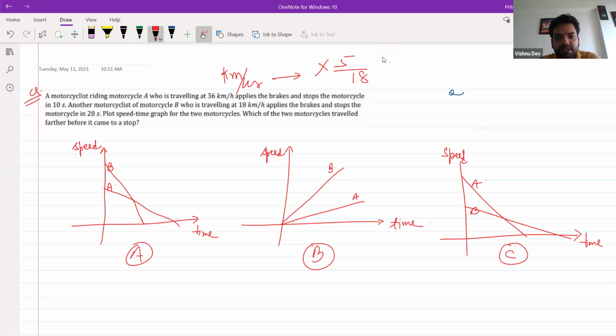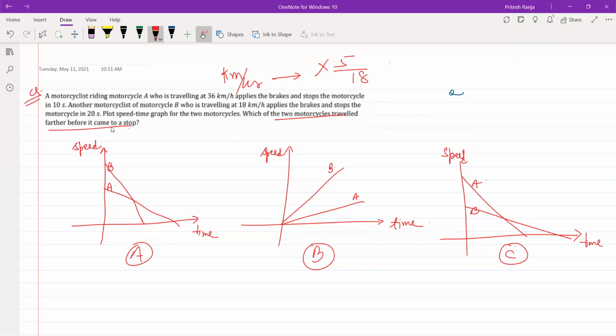Okay, yes, it is the third one. You can draw the graph separately as well. If asked these kinds of questions, you can draw them separately or on one graph. Okay, so which of the two motorcycles traveled farther, A or B? B. Okay, and how did we find that?